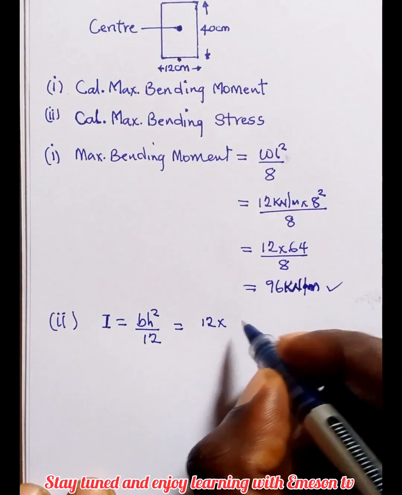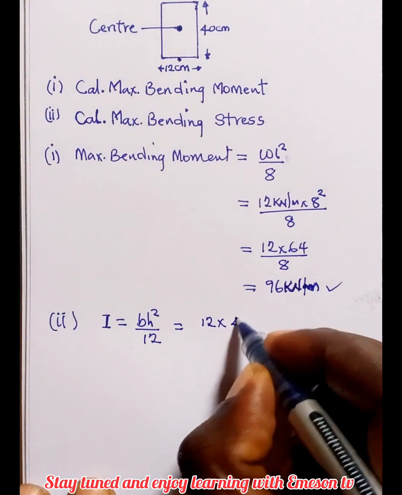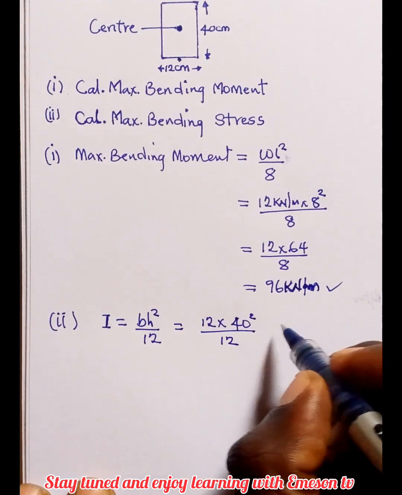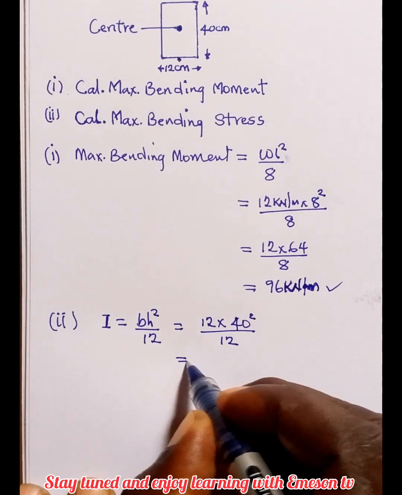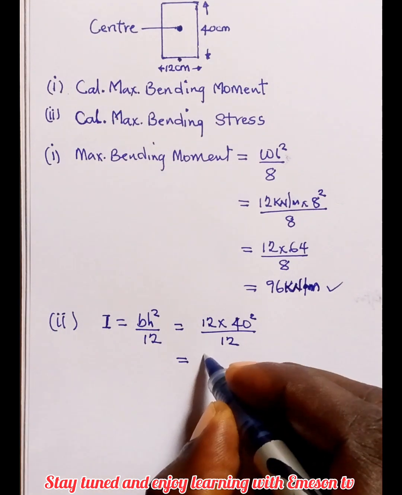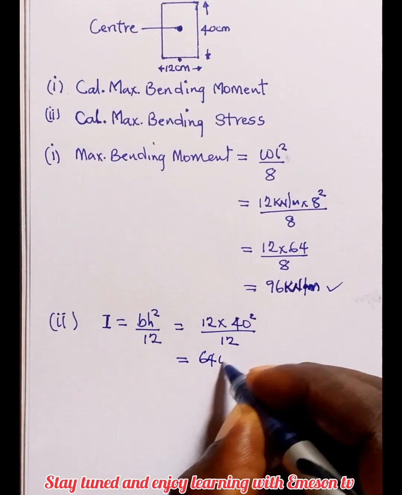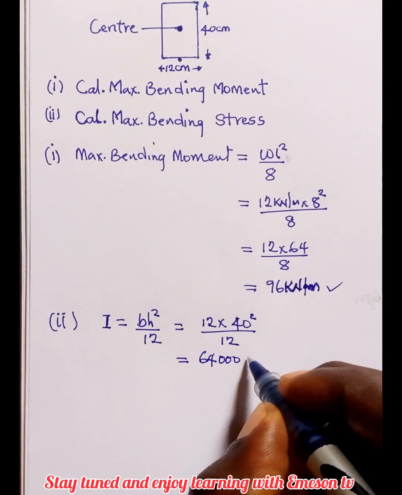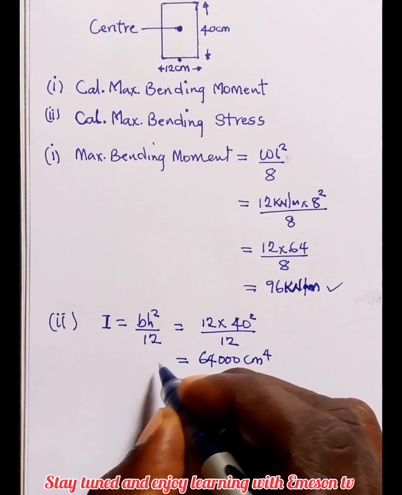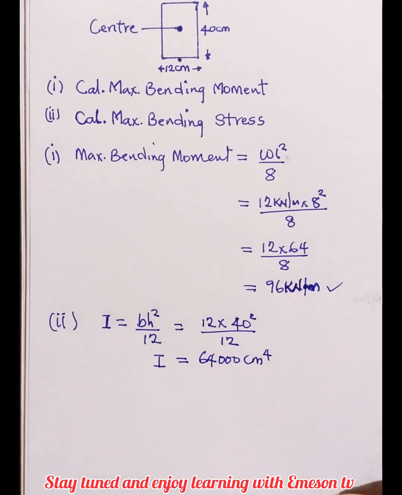Here it becomes the height of the beam over this. So let's proceed. 40 square multiplied by 12 divided by 12, we have 6400 cm to the power of 4. So this becomes our I, area moment of inertia.